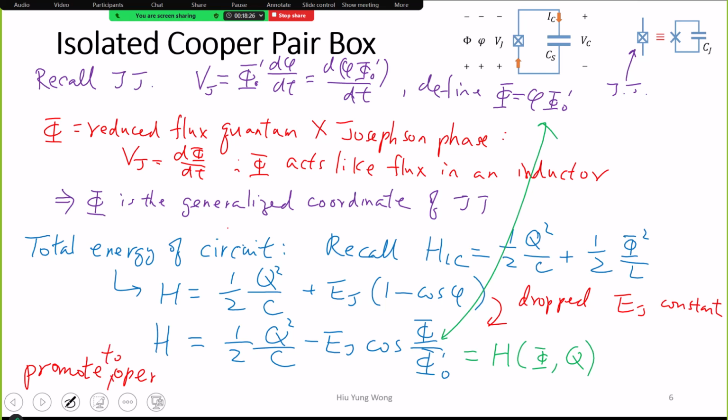Promote to operators. So the result will be h hat equals q hat squared divided by 2C minus EJ cosine phi hat divided by phi not dash.